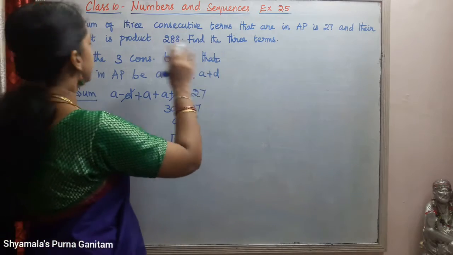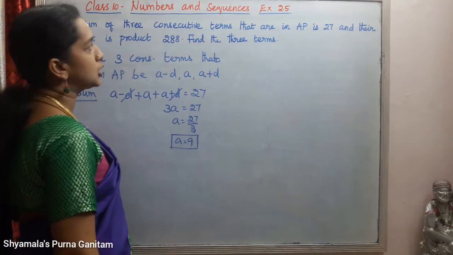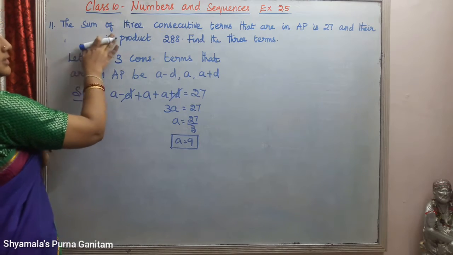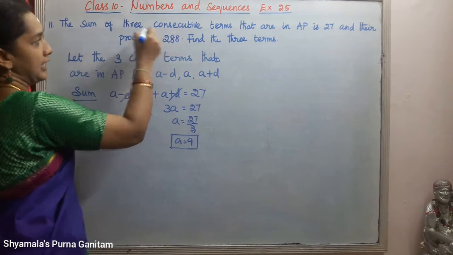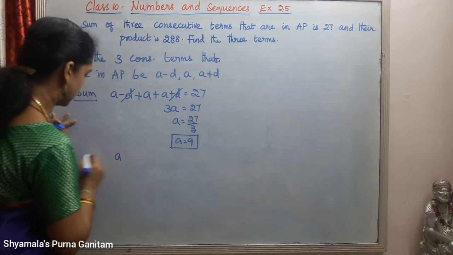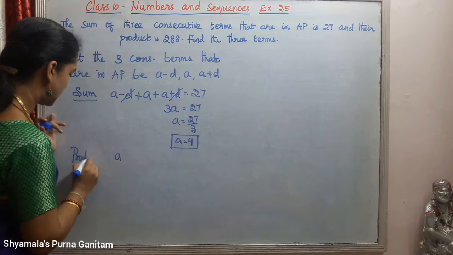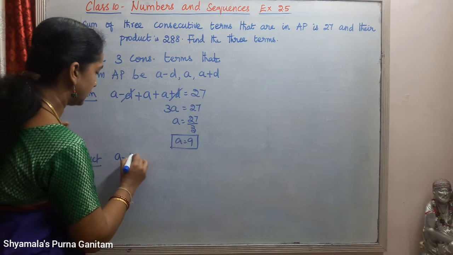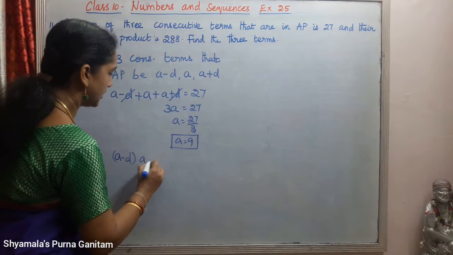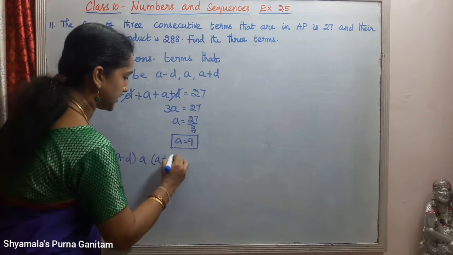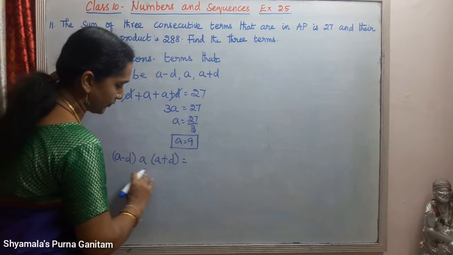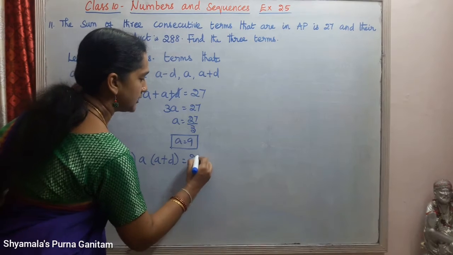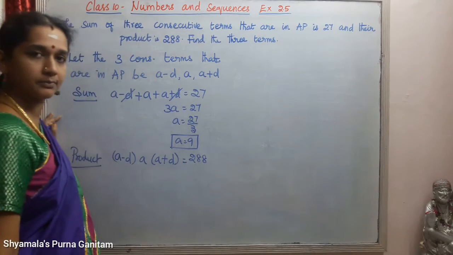Then their product is 288. So product is given as A minus D into A into A plus D, which is given as 288.